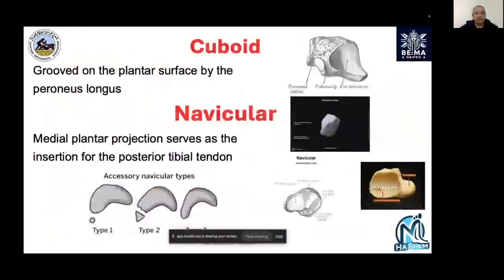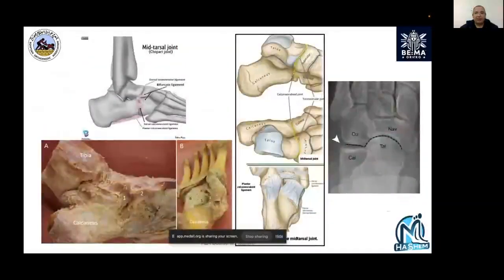Midfoot. Yeah. So if you look in this picture, normally this is the Chopart joint or midfoot joint. This is the talonavicular. This is the calcaneocuboid. The normal picture when you are flat is that the 2 joints are in the same plane. When you need to push off with your foot, the tib post pulls on the navicular and this part of the midfoot. So it changes the plane of the talonavicular relative to the plane of the calcaneocuboid.